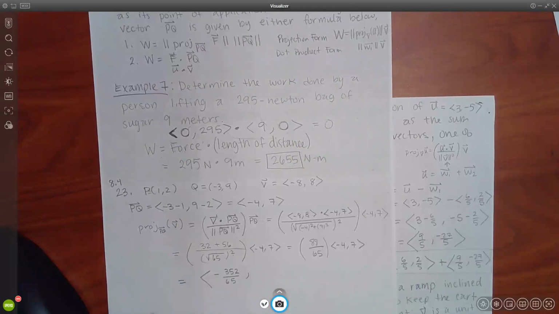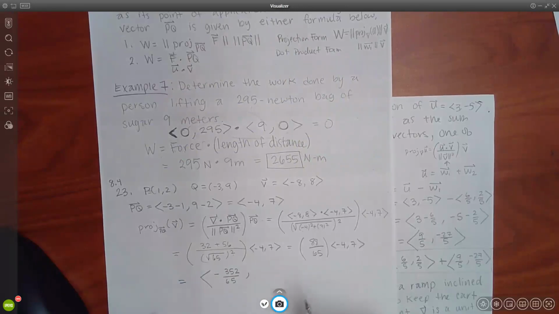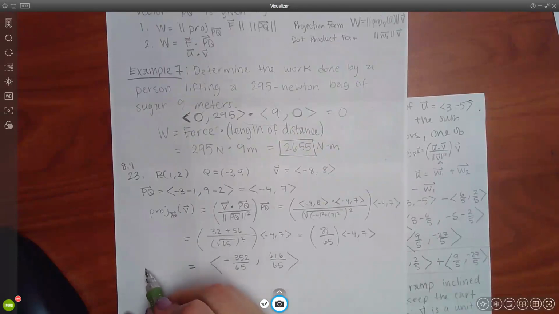And if I do 88 over 65 times 7, I get 616 over 65. So that's the projection of PQ onto V.